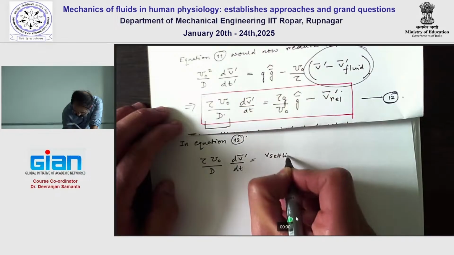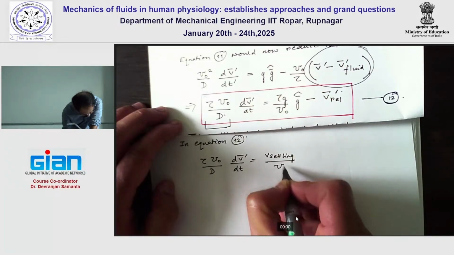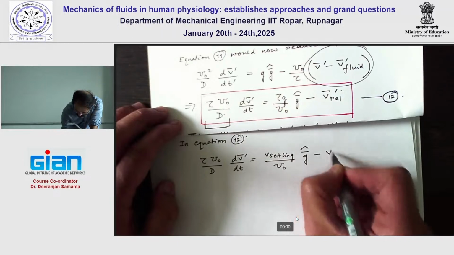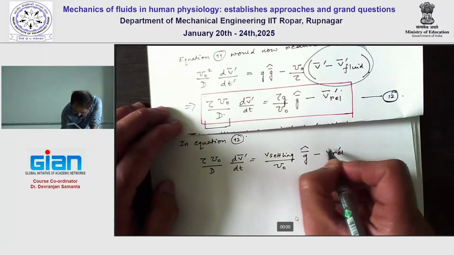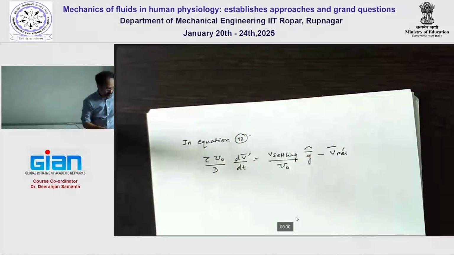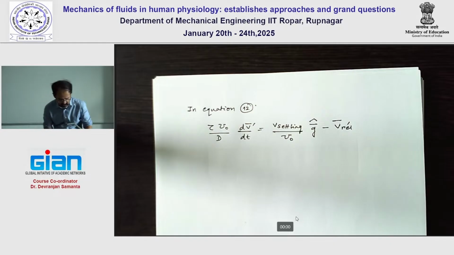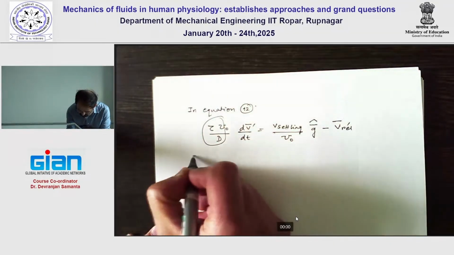So tau g is v settling over u naught times g bar hat minus v relative bar. Let's write this as Stokes number, which is what we already found out.